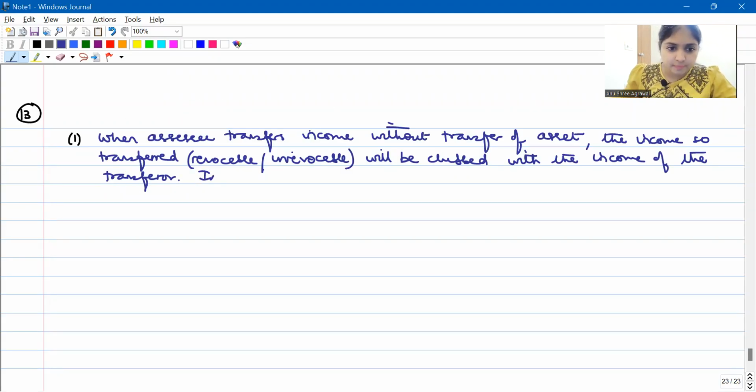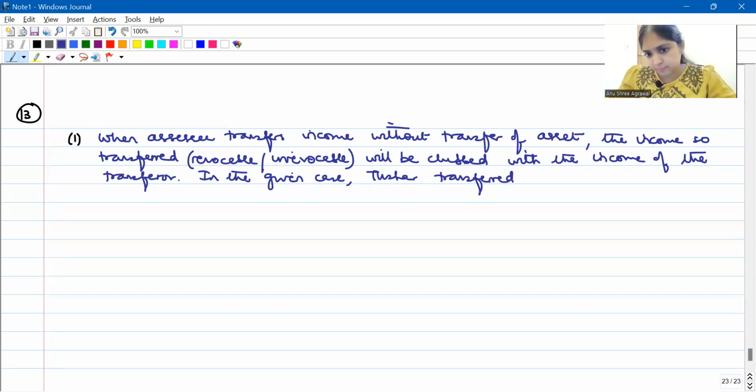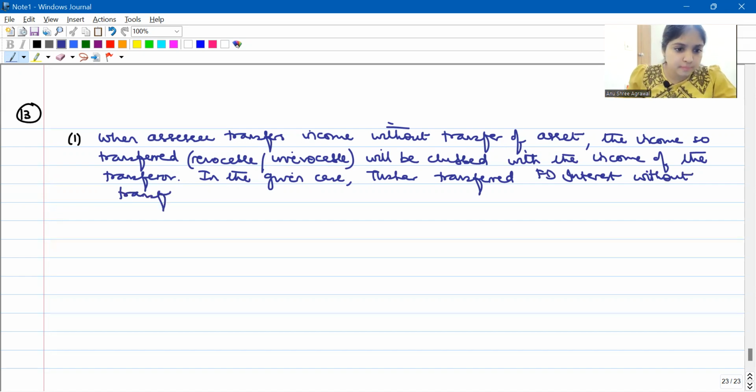Continue writing. In the given case, Tushar transferred FD interest without transferring FD to Raj.